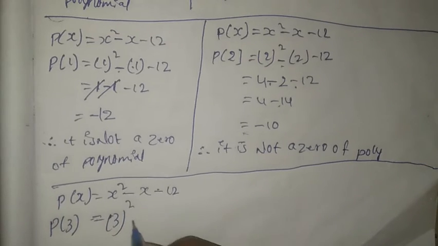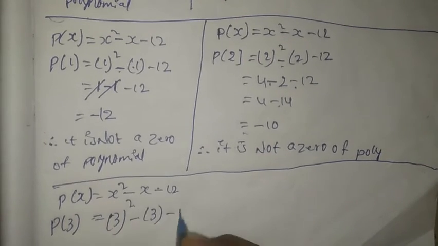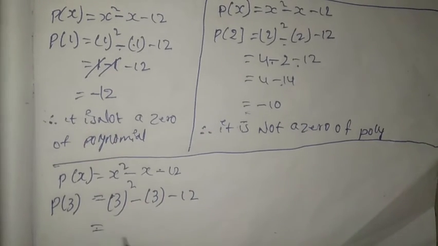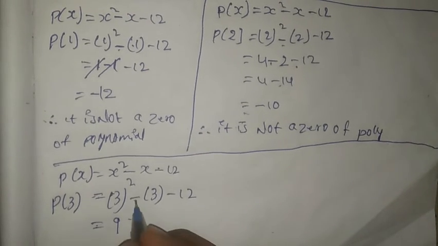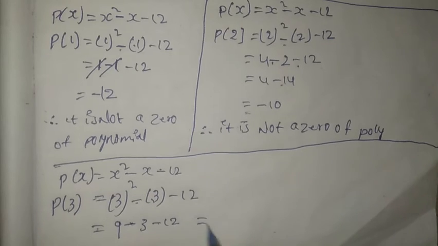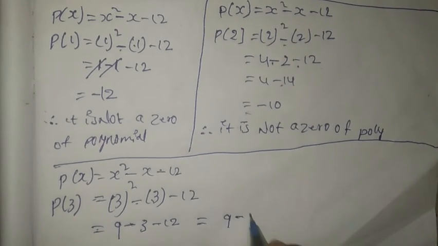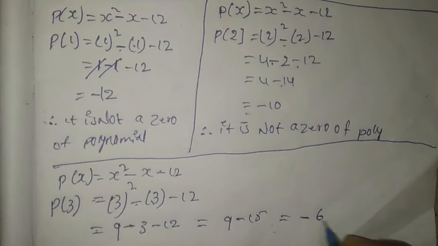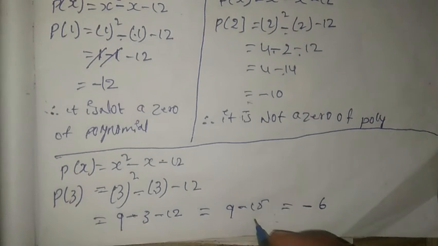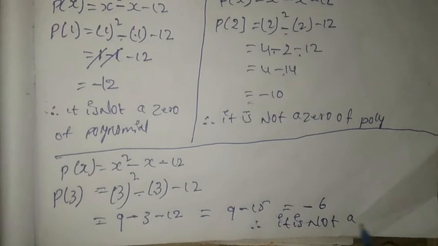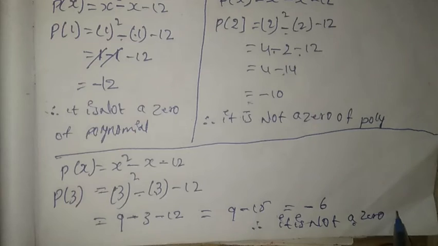So 3 whole square minus 3 minus 12. 3 whole square is 9, and minus into plus is minus 3, and minus 12. So it is 9 minus 15, so it is minus 6. So therefore it is not a zero of the polynomial.